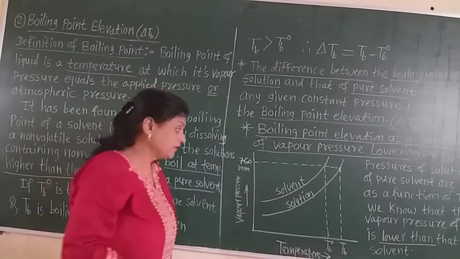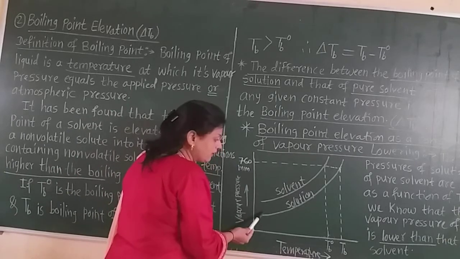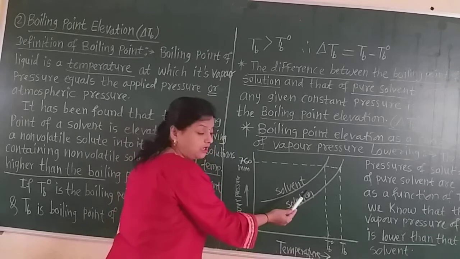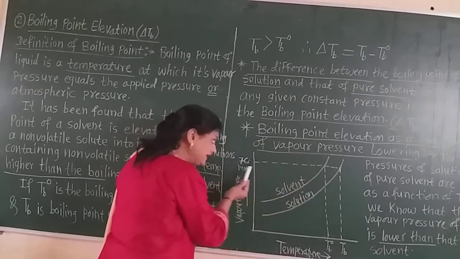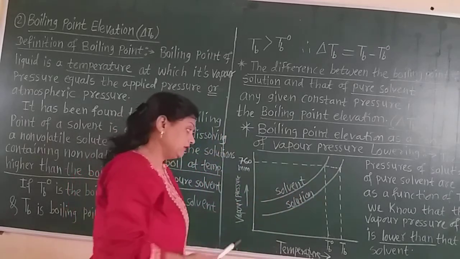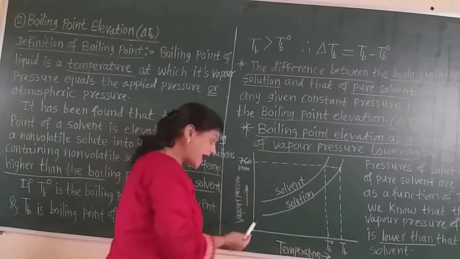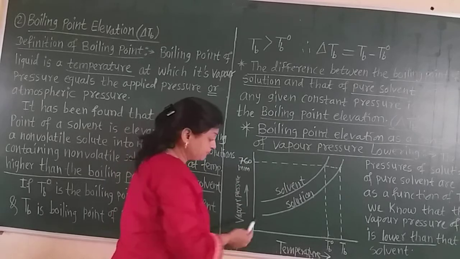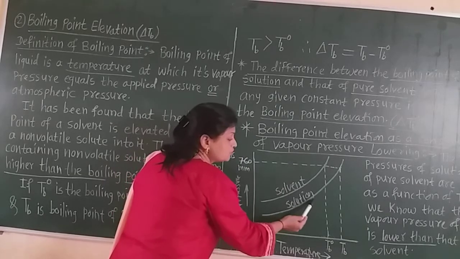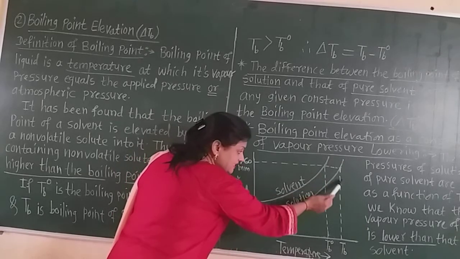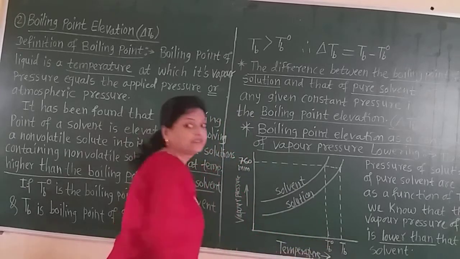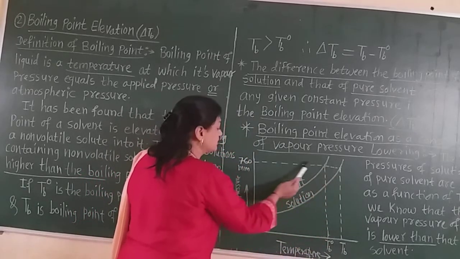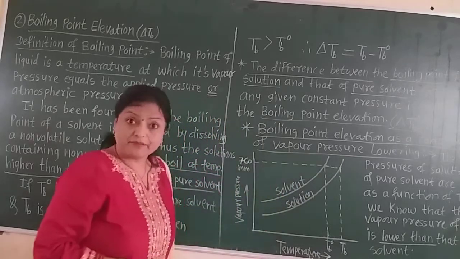Now for the solution to acquire a vapor pressure equal to the atmospheric pressure, it requires more temperature, because TB is the temperature at which the vapor pressure of the solution becomes equal to the atmospheric pressure.